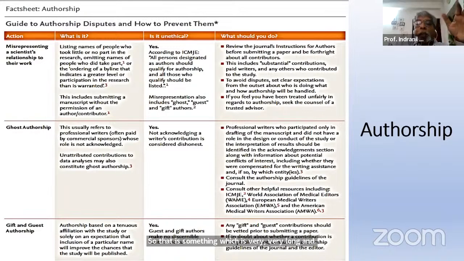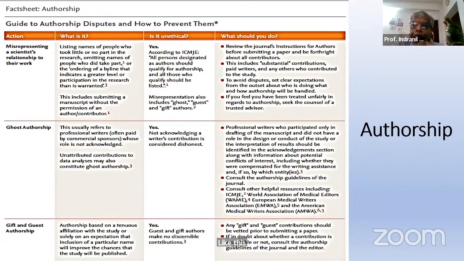And therefore, those who have made significant contributions to the study, their names should be mentioned clearly in the manuscript to avoid disputes and set forth expectations from the outset about what the role of that particular individual is.